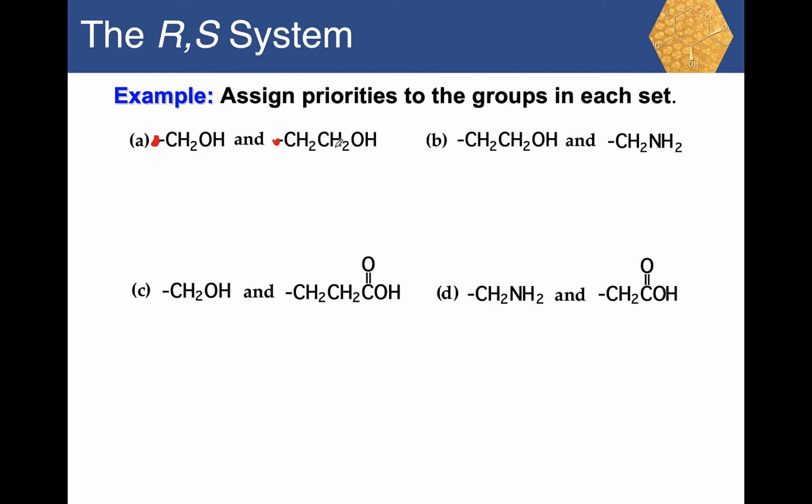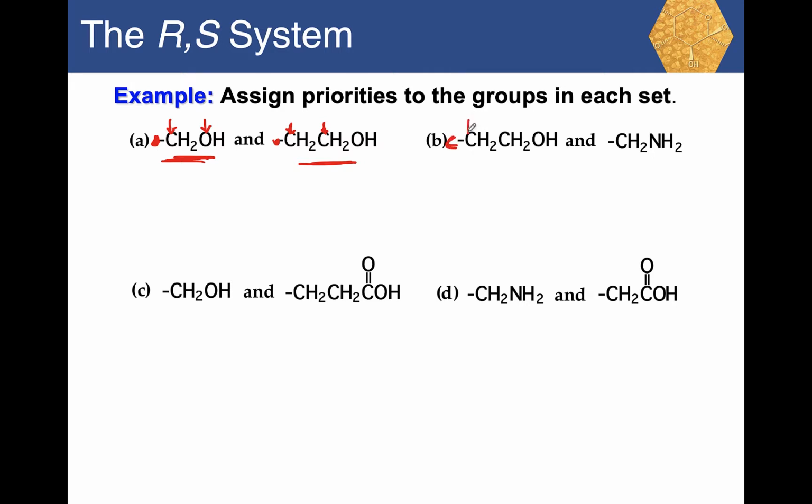So if these 2 groups were bonded to a chiral carbon, which of these 2 groups here would have the highest priority? So this is a carbon, and this is a carbon. So we can't tell. This carbon is bonded to an oxygen, however, and this carbon here is bonded to another carbon. So this would have the highest priority. Here's another example. So the chiral carbon would be back here.